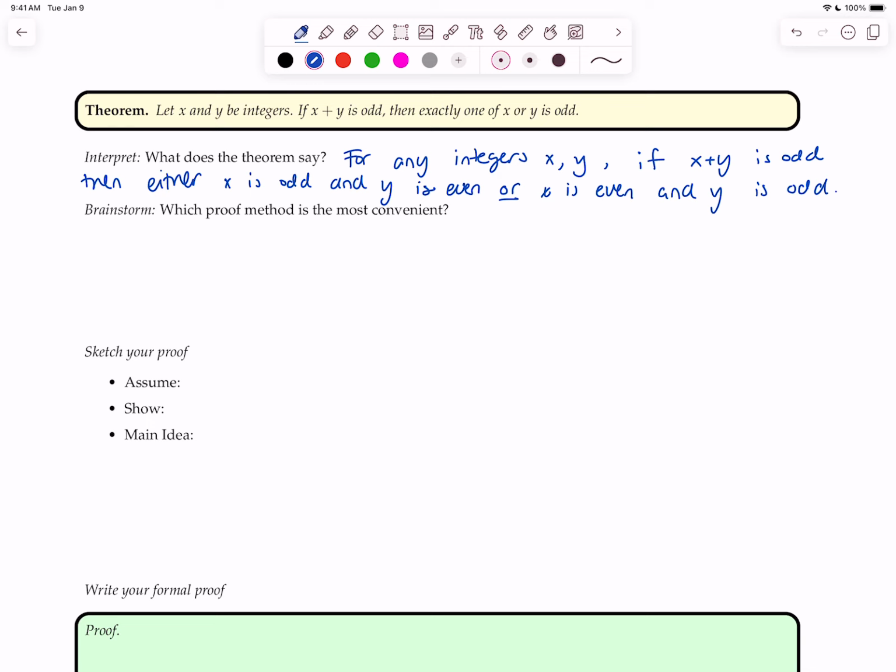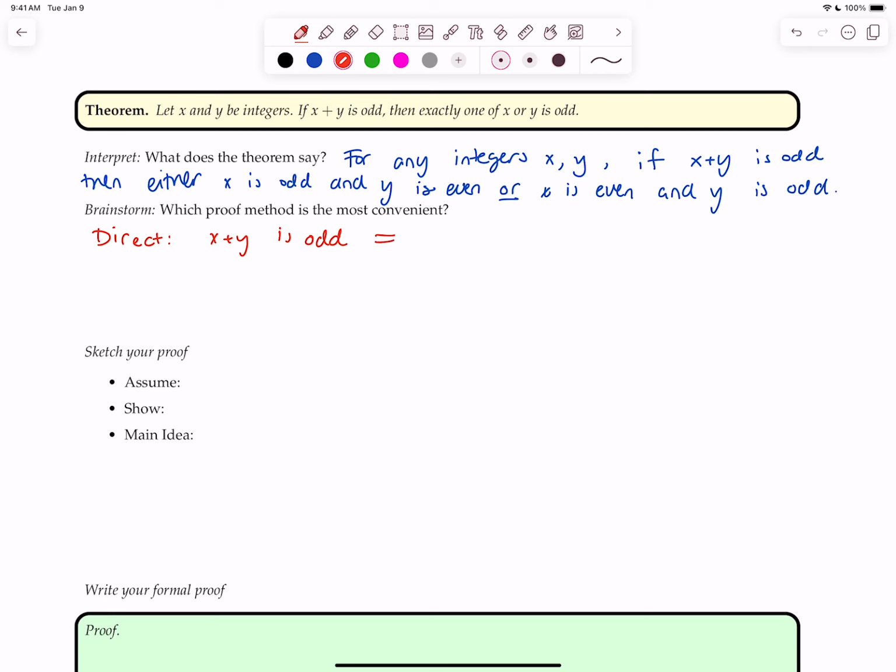Now, direct for this one might be a little tricky. Direct is a really good thing to start with because often direct will work. But the problem is the conclusion. We start with x plus y is odd, which is a little strange to have a sum be odd. So that's already something maybe direct isn't good for. So x plus y is odd.